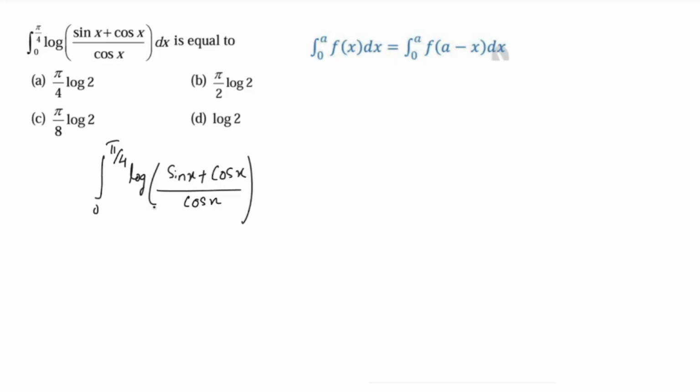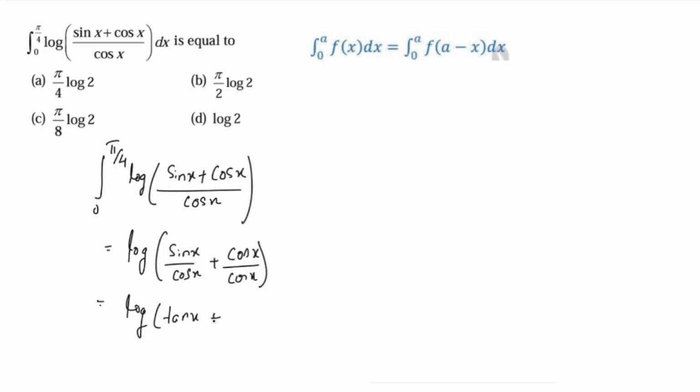If you separate the numerator with respect to the denominator, it becomes log of sin x by cos x plus cos x by cos x. It becomes log of tan x plus 1. So this is integration 0 to pi by 4.